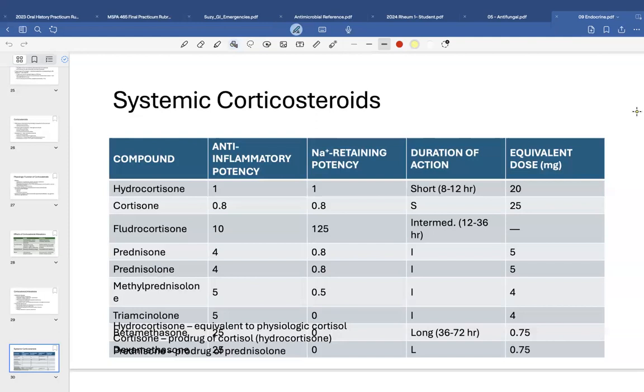And then all of the other agents really are much more potently glucocorticoid in terms of their profile, meaning that they're either balanced, like hydrocortisone and cortisone, or they're much more predominant in terms of their glucocorticoid effects relative to their mineralocorticoid effects.